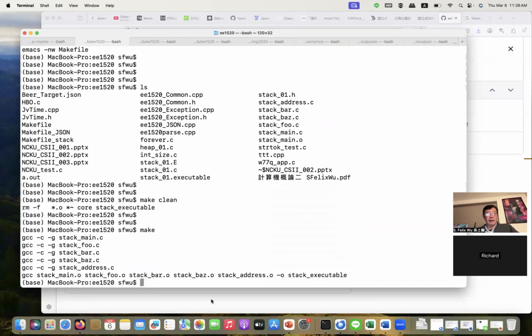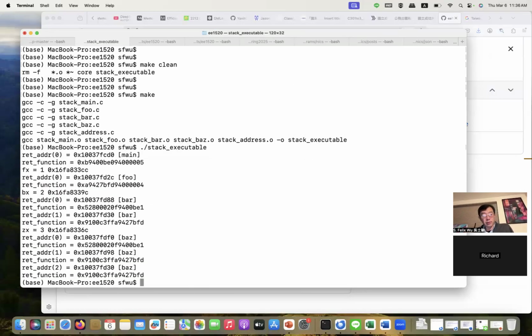You can see that I first make the .o files by these five individual rules, and then I generate the last line, which is putting all the .o files together, and then I generate the stack executable. Okay, that's my first introduction to the makefile with such a rule with separate compilation.